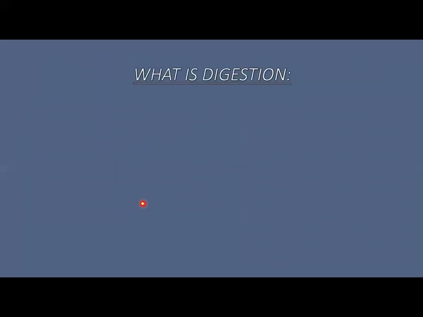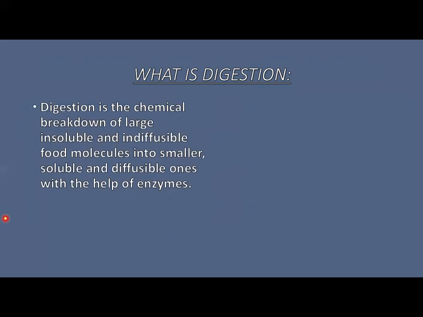What is digestion? In the previous slide you learned why digestion is necessary. Continuously we were talking about digestion, but what is digestion? Basically it is a process, a chemical process, a chemical breakdown.